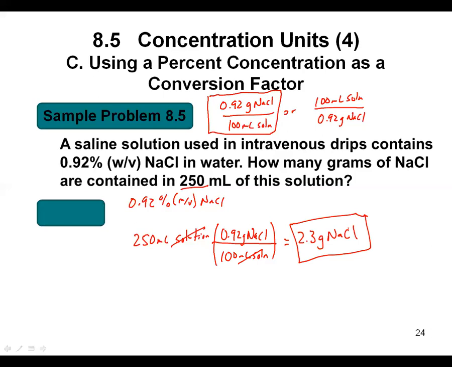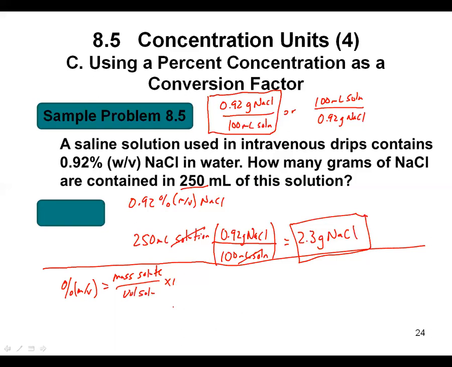You could do the problem as a dimensional analysis problem. You could also, if you wanted to, plug and chug into the formula. The mass to volume percent is the mass of the solute over the volume of solution, times 100%. If you think about what was given to you, you were given this number and this number. So you could rearrange this and solve for the mass of the solute, which ends up being the exact same calculation as we just did.